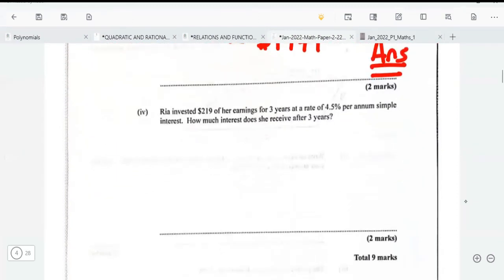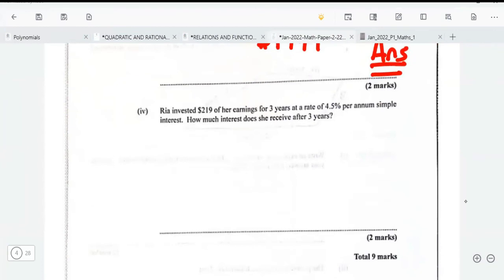Now, the next part of the question says Rhea invested $219 of her earnings for 3 years at a rate of 4.5% per annum with simple interest. How much interest does she receive after 3 years? We need to remember interest is equal to principal times rate times time over 100.